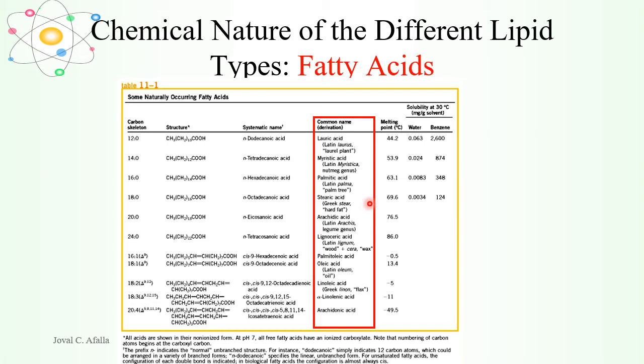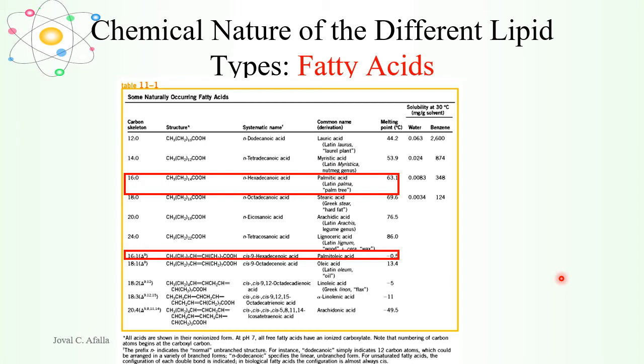If you've seen fat from, say, beef, the hard one, I guess that's how they derived it. Arachidic acid from legumes. Is that how you pronounce it? Lignoceric acid from lignum, which refers to wood, and so on.